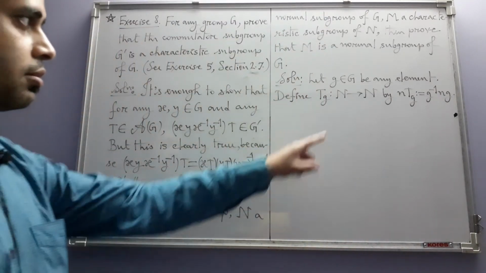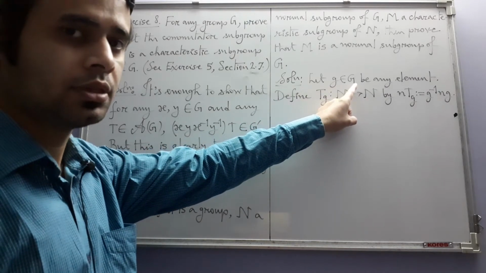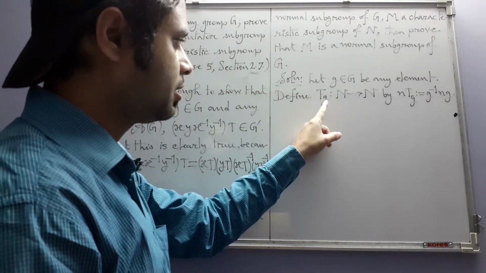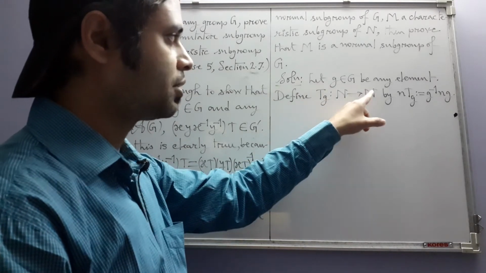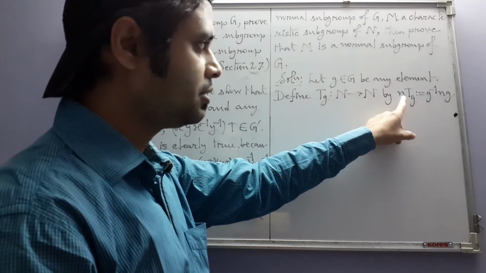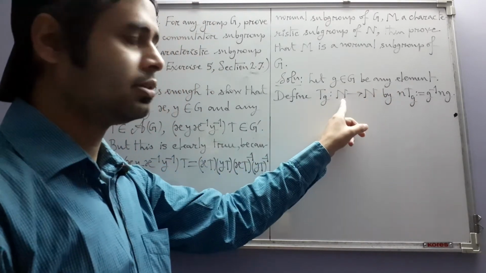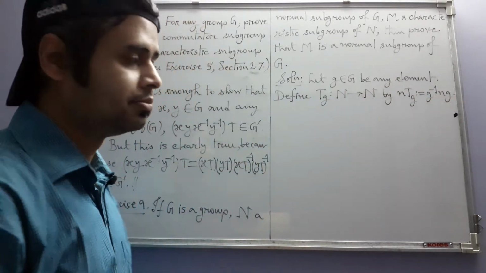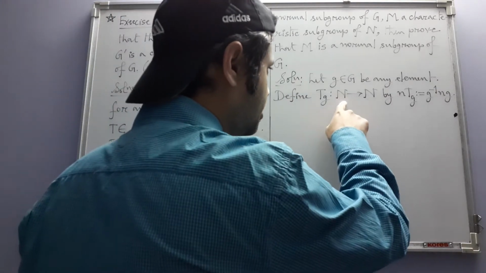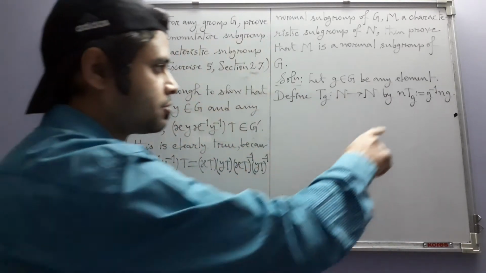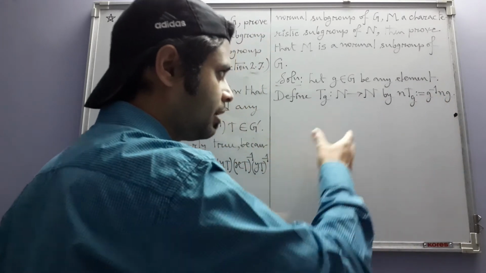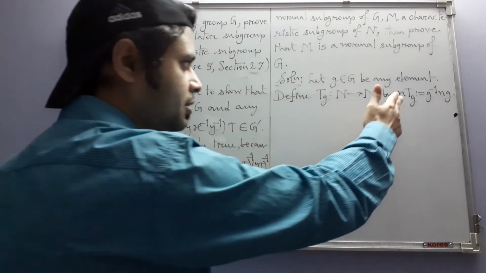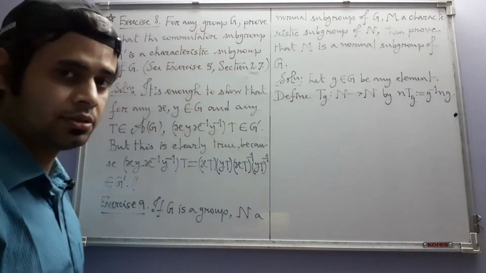Okay, so the element g we are choosing from the original group G. However, we are saying that this Tg is a mapping from N into N, where the image of n, which is small n, any element of capital N, under Tg is g inverse n g. Note that because capital N is normal in G, this g inverse n g will be an element in capital N. And clearly, for a given n, g inverse n g is unique.